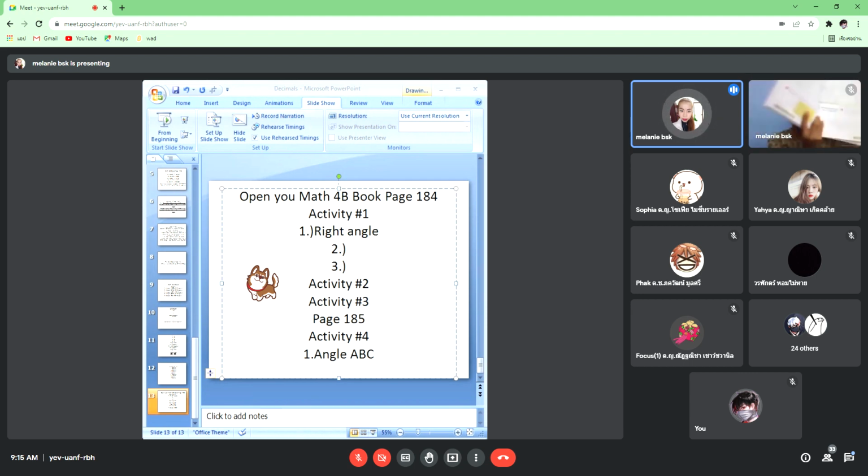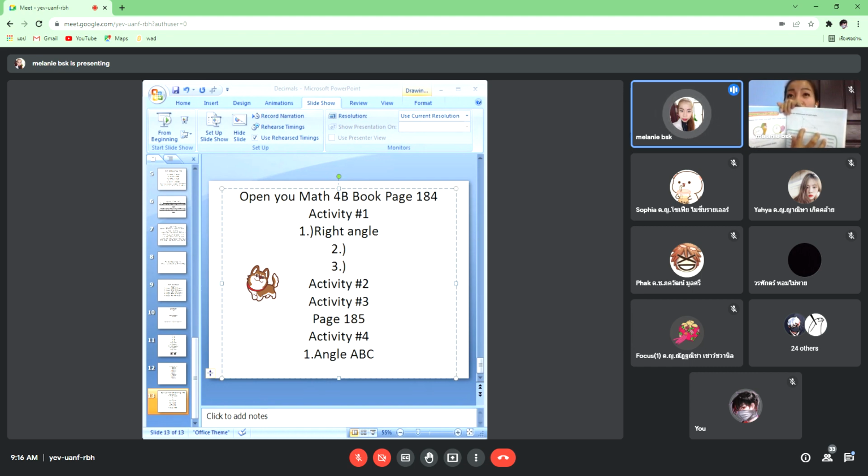Look at your screen first. This is angle ABC. So what is the measurement of this angle? We have 30 degrees, 60 degrees. In this one it is very obvious. What is the measurement of this angle, children?